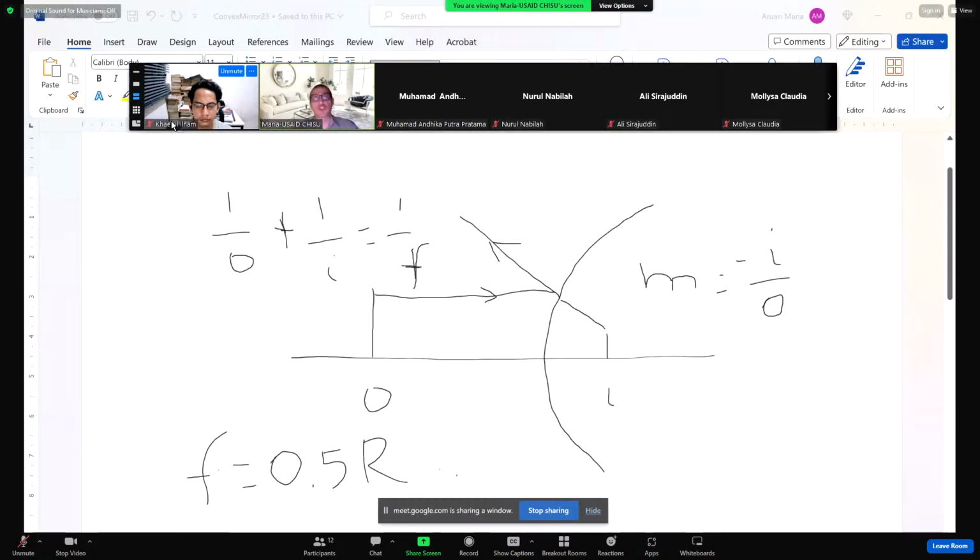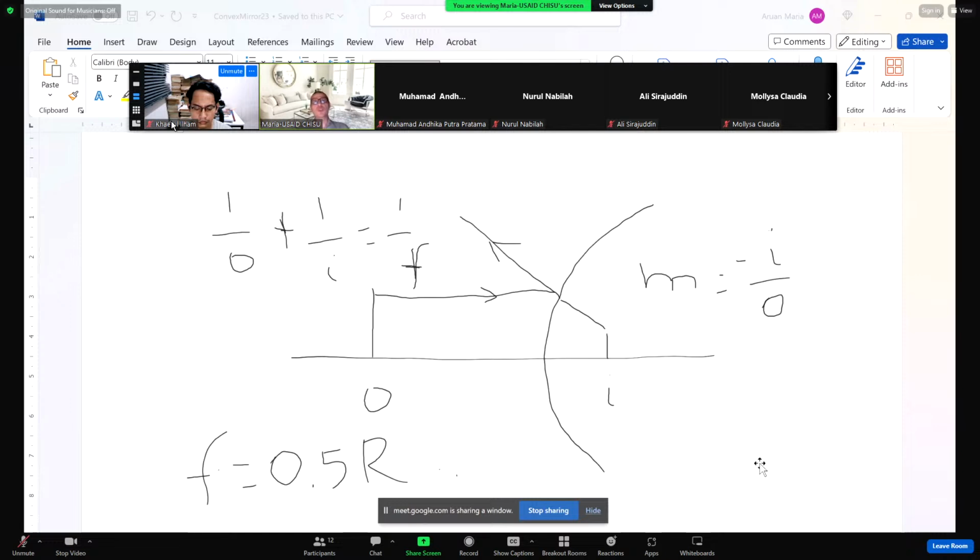It's diverging. So you can see more objects, but they will look smaller than they are, right? So for the security person in the supermarket to see the whole supermarket, but people and objects will be smaller in the convex mirror than they really are.